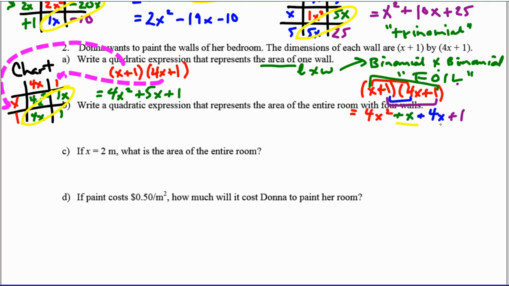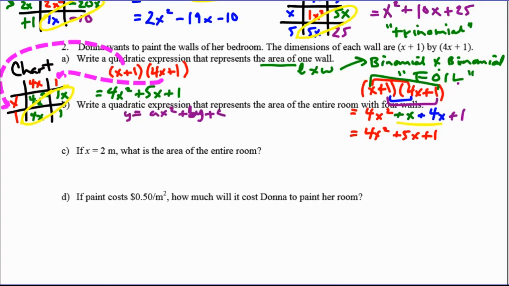We have our combining like terms, just like the same ones we had over here in the yellow. So our final answer is 4x squared. Now 1 plus 4 is 5x and plus 1. Notice that 5, we got it in both spots. Very good.